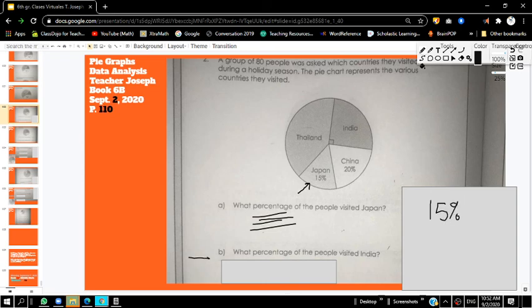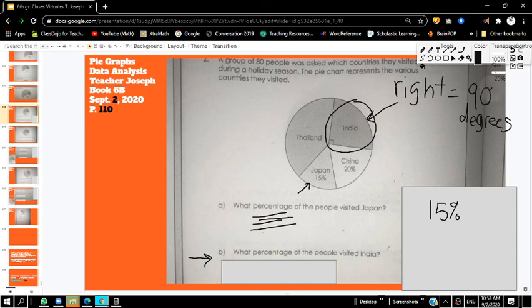Letter B. What percentage of the people visited India? Well, India is an interesting part because it actually has a right angle. And we know that right angles can be equated to an amount of degrees. How many degrees are in a right angle? You're right, 90 degrees. And a 90-degree angle is also equal to 25% of the whole graph.